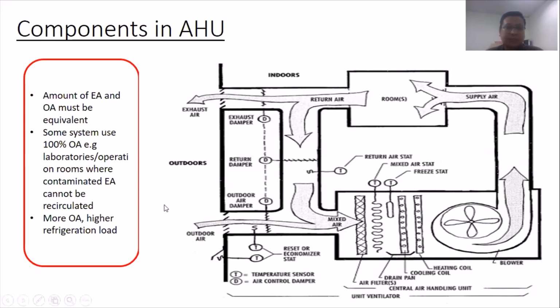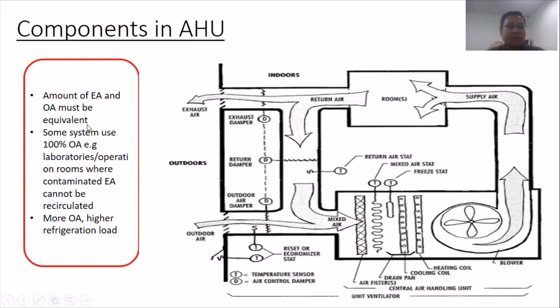From the outdoors, air comes inside as inlet, and then goes through the system and back to the outside as exhaust. The amount of exhaust air and the outdoor air must be equivalent.